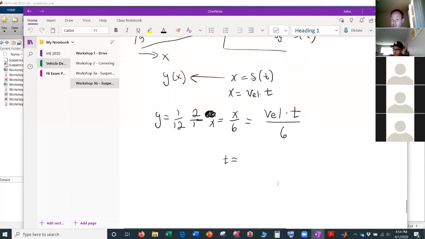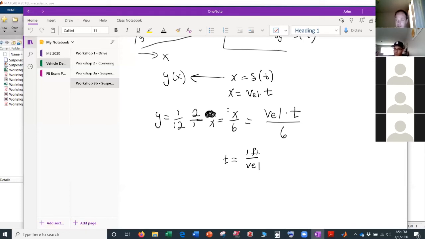So we only want it for t. T is 1 foot divided by the velocity. So we'll need to cut it off at that point.